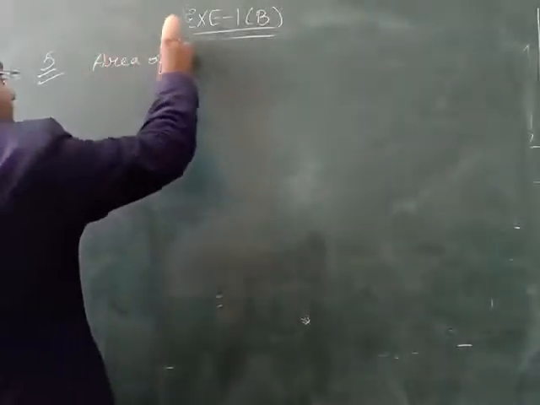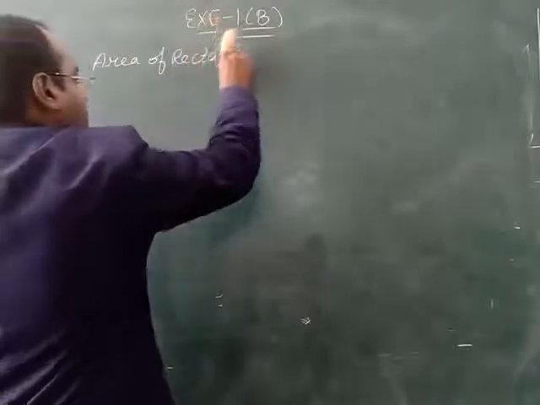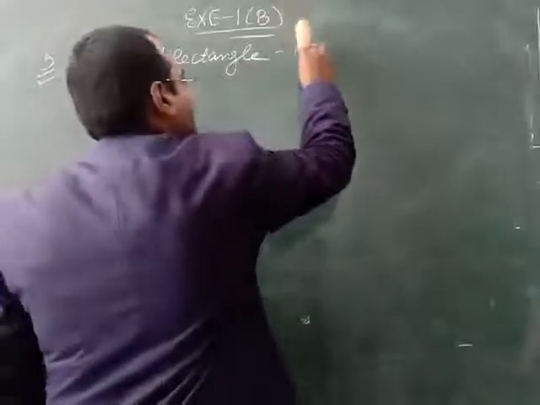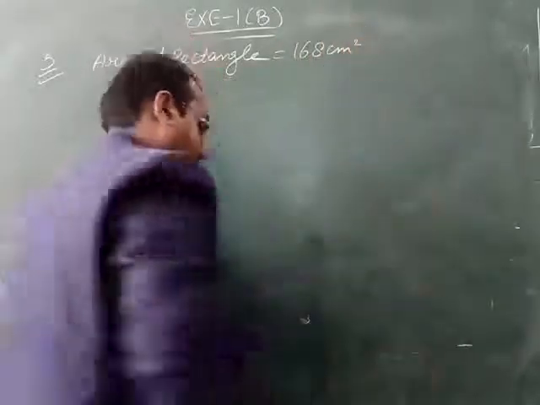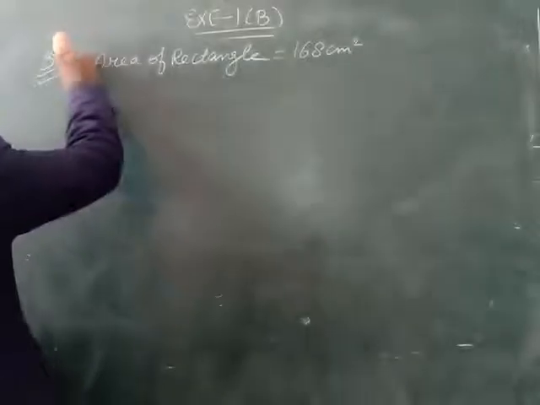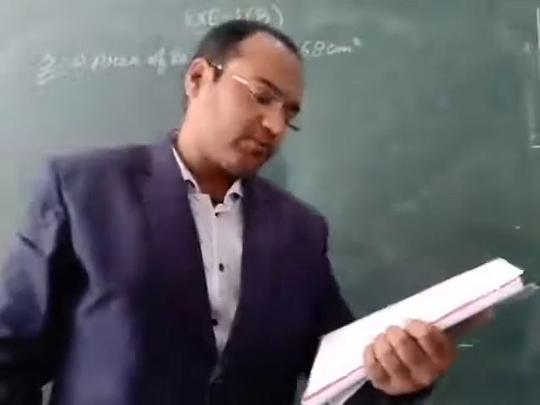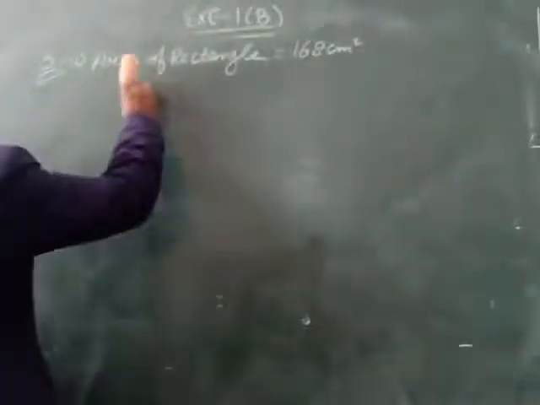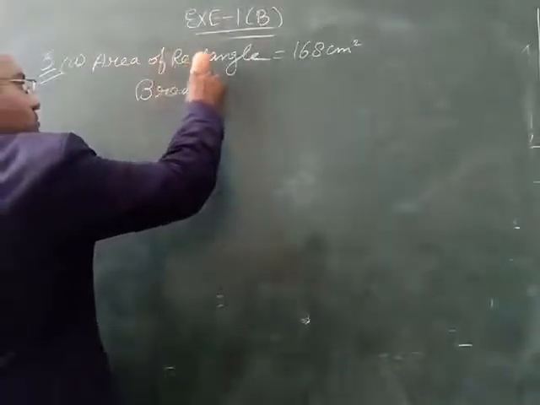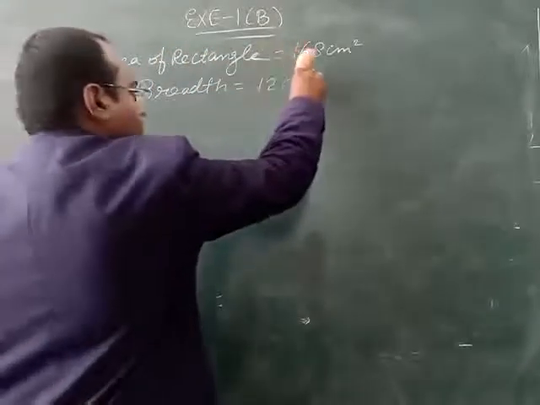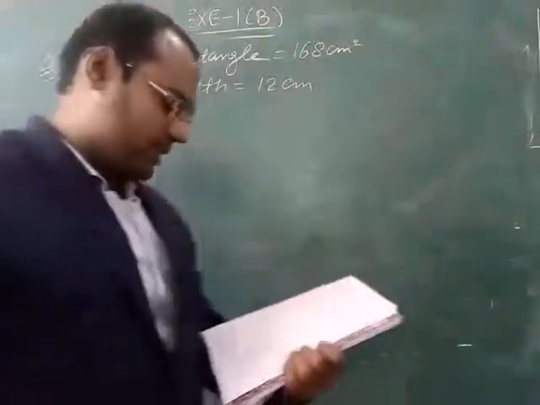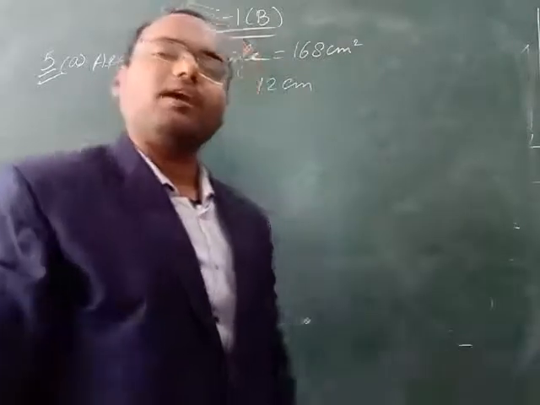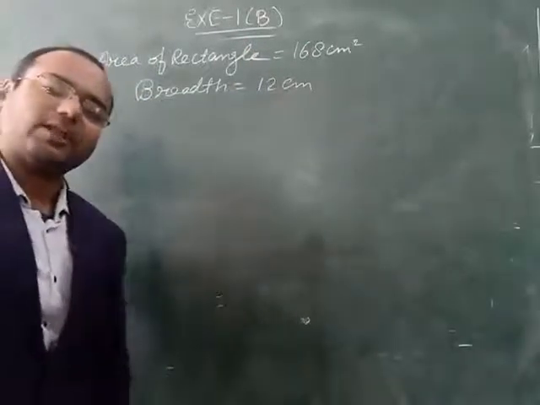Area of rectangle is given, 168 centimeter square. First we are doing the A part. After that, breadth is also given. Breadth is 12 centimeter. These two things are given. After that, we have to find the length and perimeter of the rectangle. Two things we have to find, length as well as perimeter.